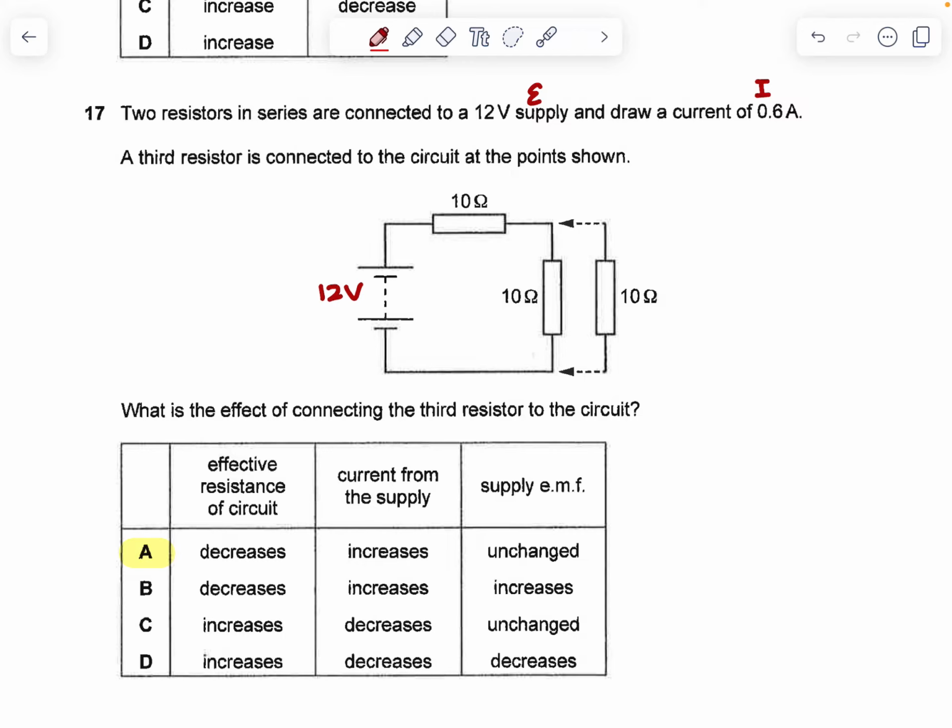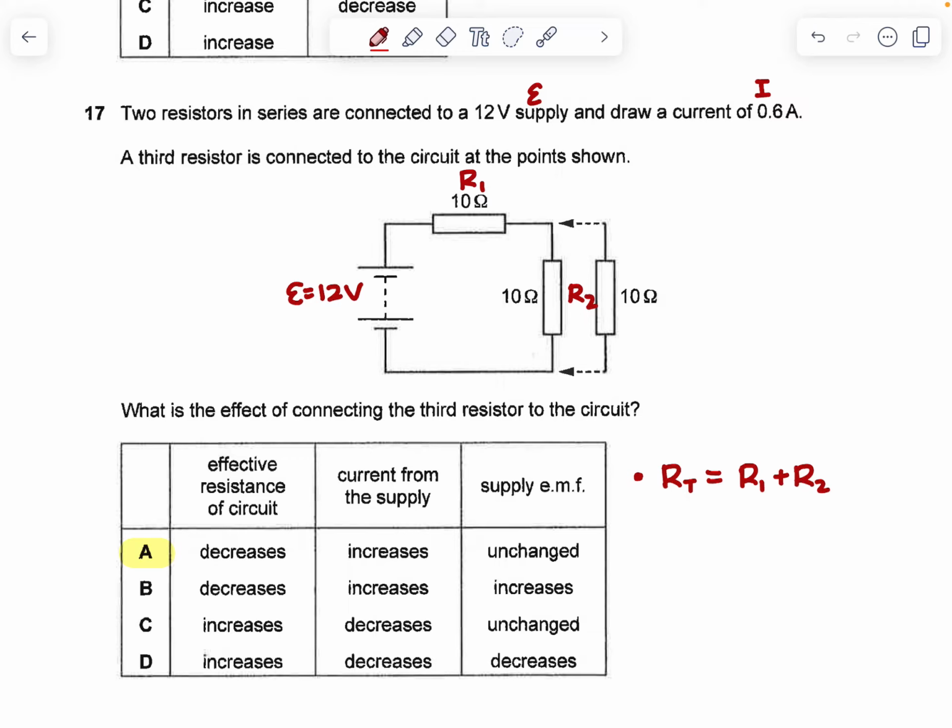Okay, so first of all, we can put this as EMF equals to 12 volts. You can call this resistor 1 and this combination as resistor 2.